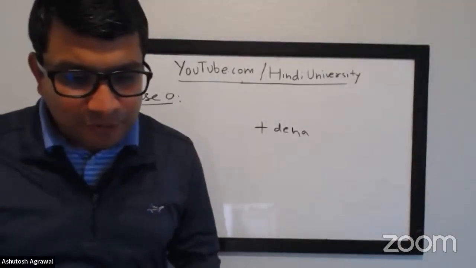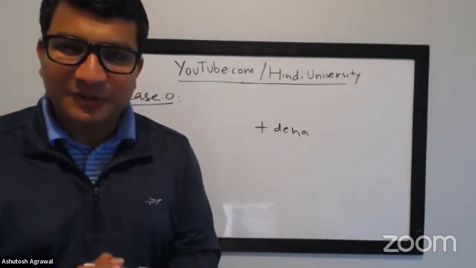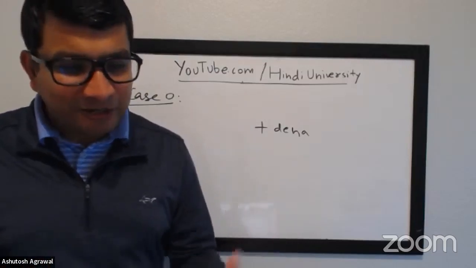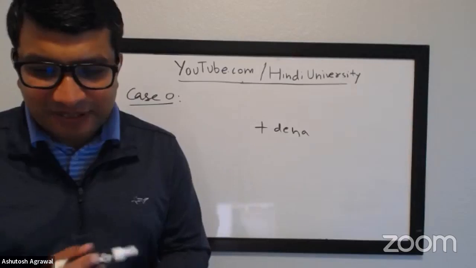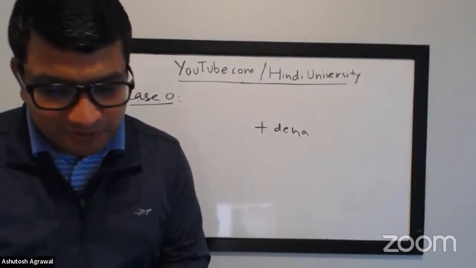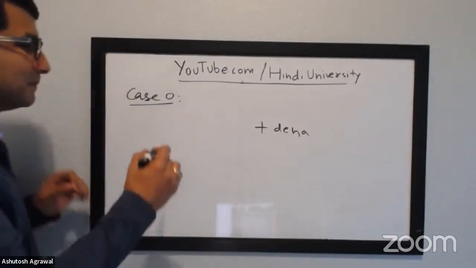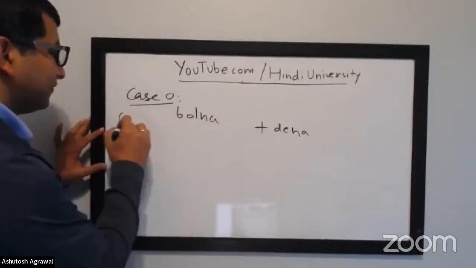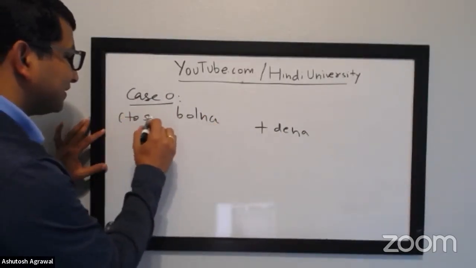Okay, so I'm going to put some of you on the spot and ask you to tell me some verbs. Donna ji, you want to unmute yourself and tell me some verbs that you're familiar with? Bolna, very good. What is bolna? To speak. Very good.